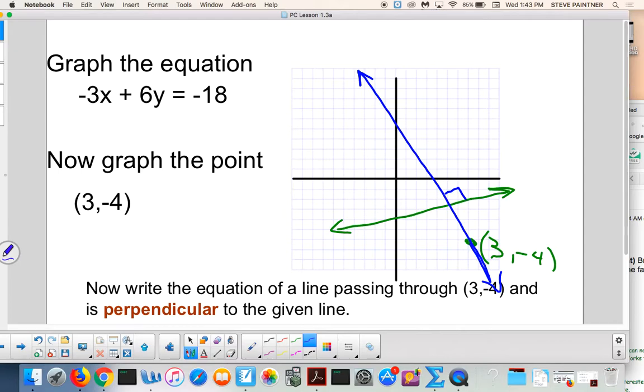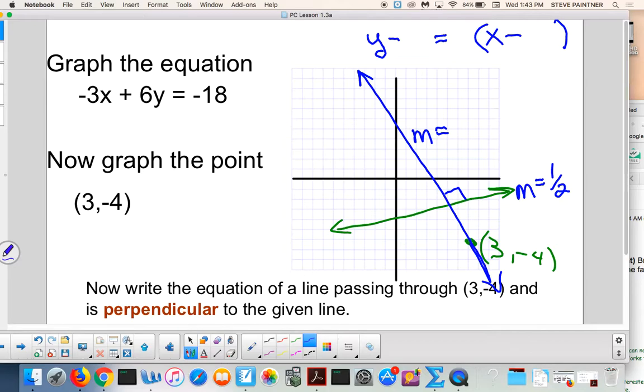Write the equation of the blue line. Some of you might be stuck because you don't remember perpendicular lines have what slope?